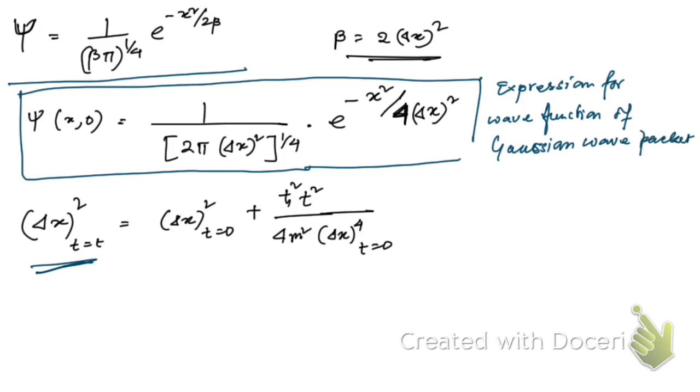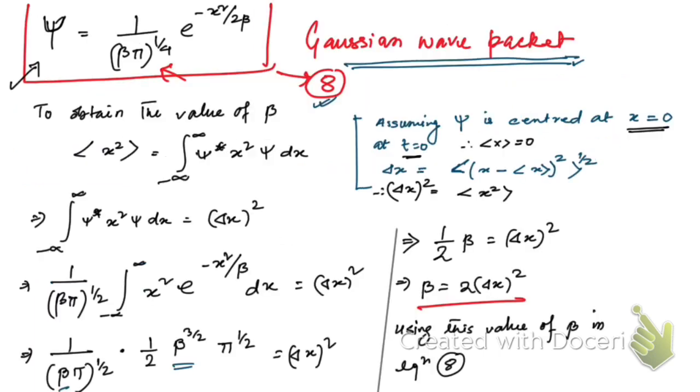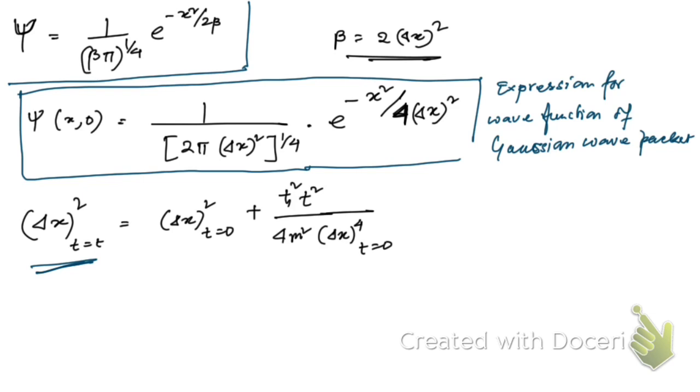Otherwise you can keep the result in this form as well, equation number 8. This is also the expression for the wave function of the Gaussian wave packet.